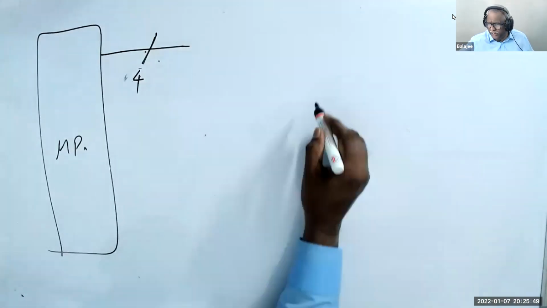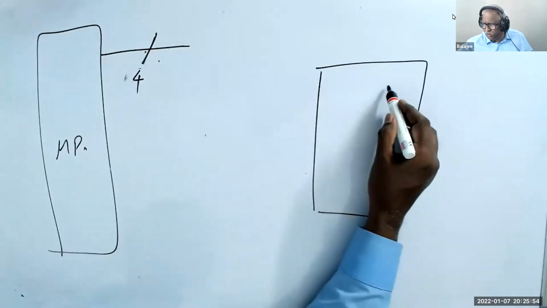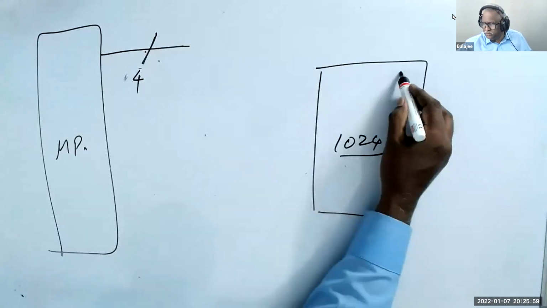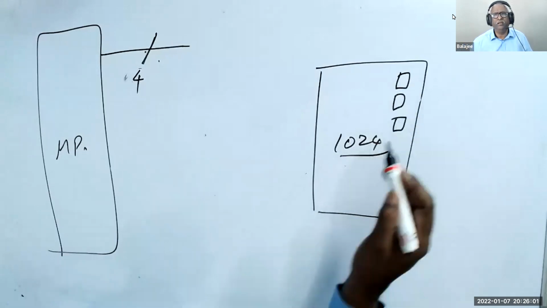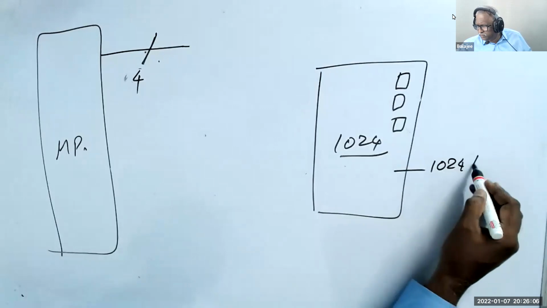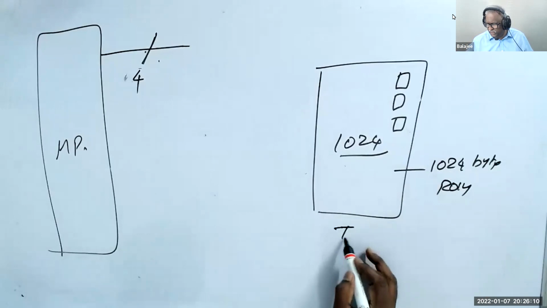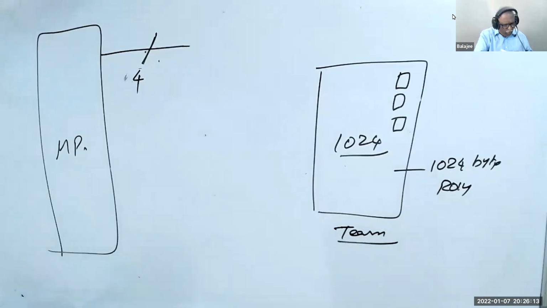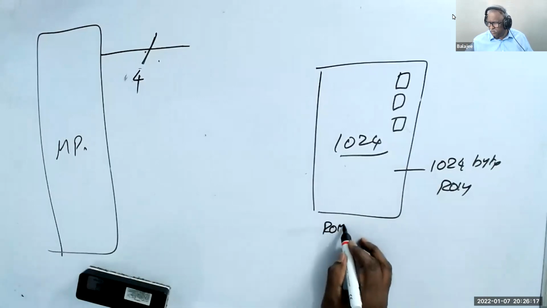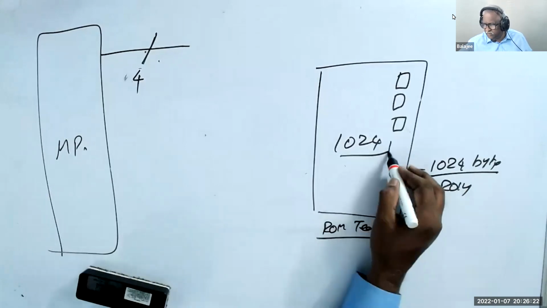Let us assume that I'm using 1024-byte units. That means that they have a 1024-byte ROM. That's actually a team. This is one team, like a hockey team. Now I have a ROM team. The ROM team is having 1024 byte units.